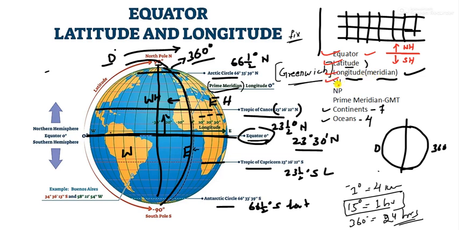The top point in the northern hemisphere is called the north pole, and in the southern hemisphere it is the south pole: 90 degrees south and 90 degrees north. You also know about the prime meridian, which passes through Greenwich, and the time based on Greenwich is called GMT, Greenwich Mean Time. Then we also saw these continents and oceans.